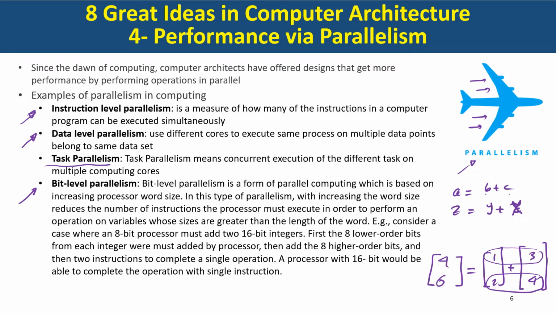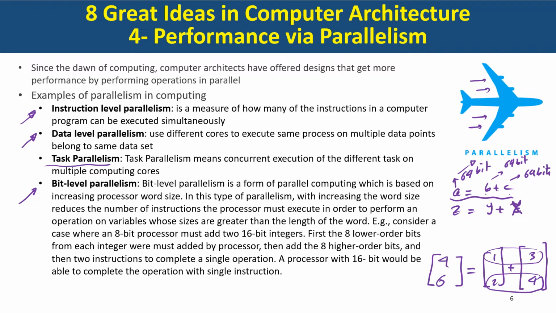So let's assume you have two variables, like for example a equal to b plus c again. A is 64 bits and b and c all are 64 bits. But your processor is 32 bits.